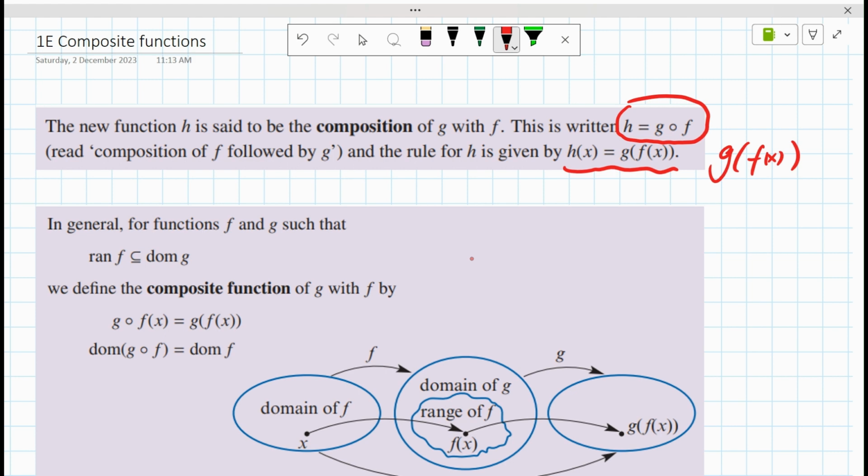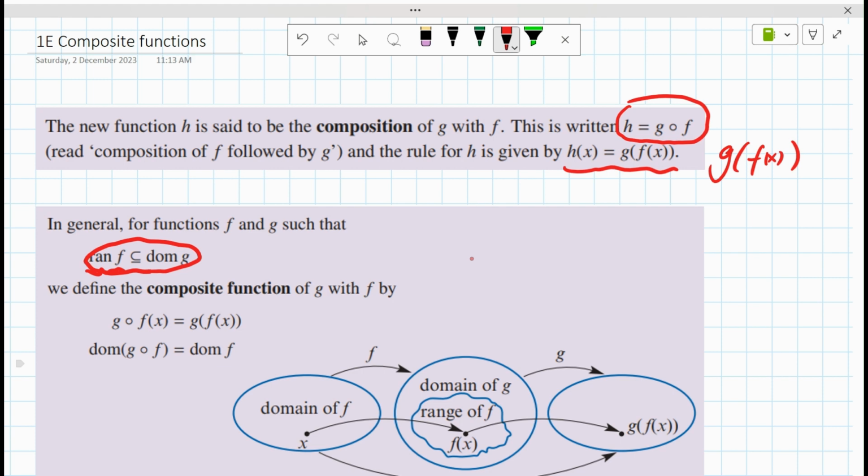In general, the range of f must belong to the domain of g. The range of the function f(x) belongs to the domain of the function g. We define the composite function of g with f by g(f(x)).